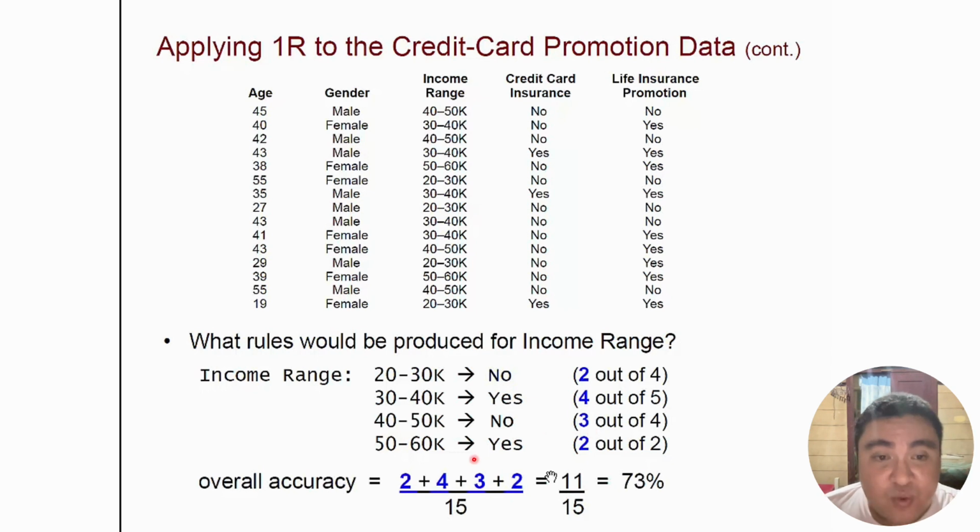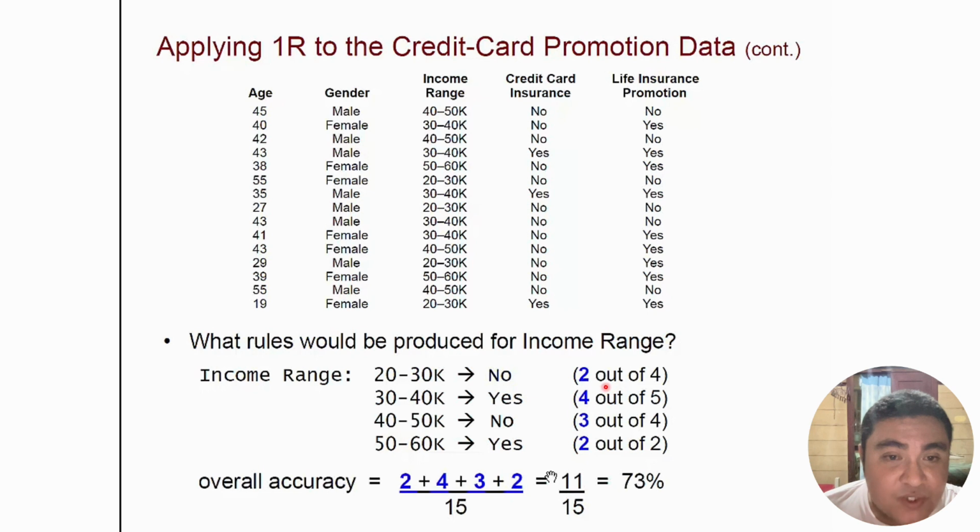Now let's go to the last one, which is the 50 to 60K range. Okay, you have it here. So 2 out of 2 answered yes, like they will receive the life insurance promotion. So it would mean, again, the numbers on the right side of this column are the number of people who belong to this range. If you add 4 plus 5 plus 4 plus 2, that's 15.